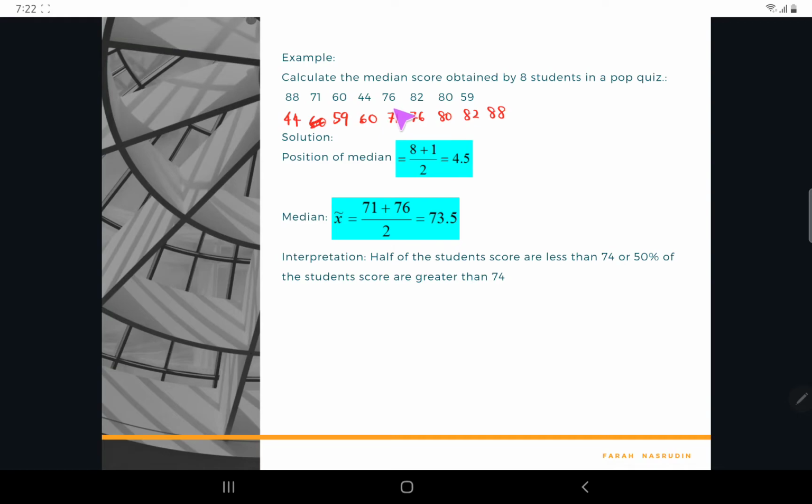So 4.5 lies between 4 and 5, which are 71 and 76. So we need to find the average between 71 and 76. So 71 plus 76 divided by 2, so our median is 73.5.